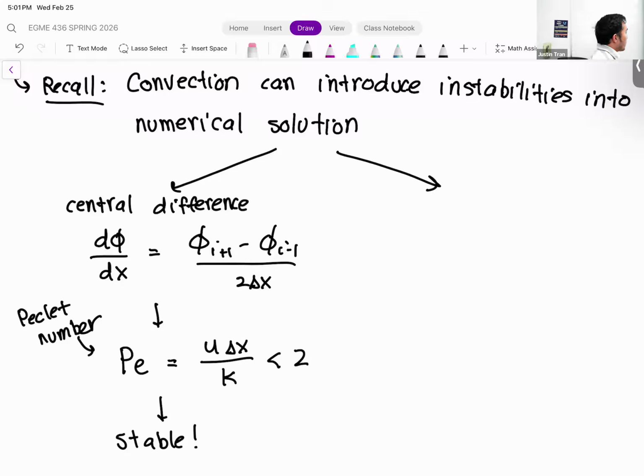Okay. The other way that we can achieve a stable solution is to change our discretization scheme. Instead of using a central difference, we applied what's called upwinding.